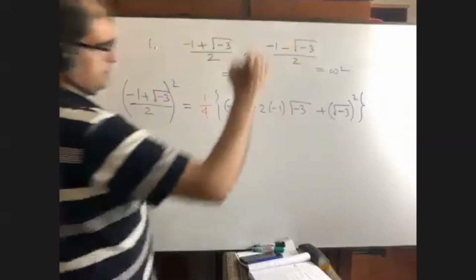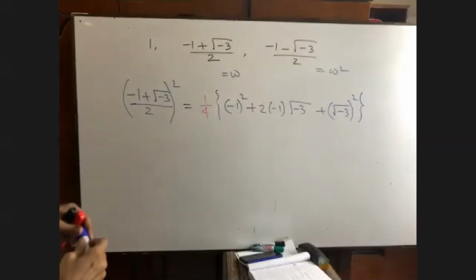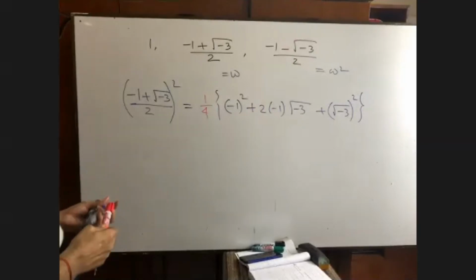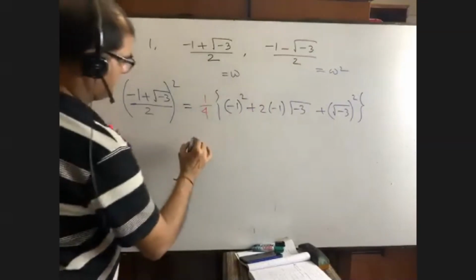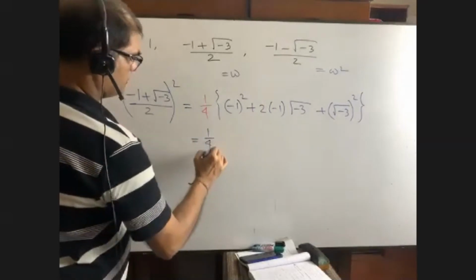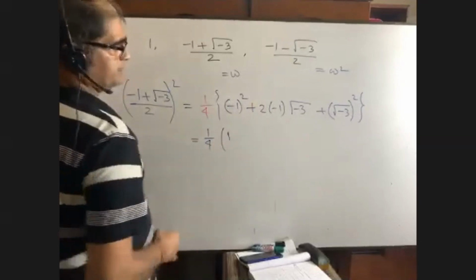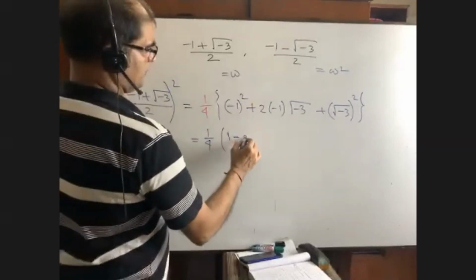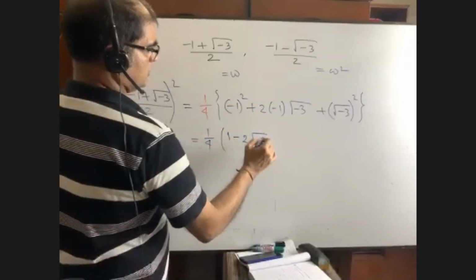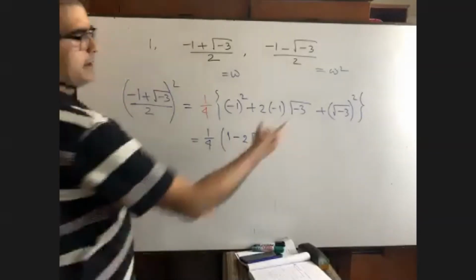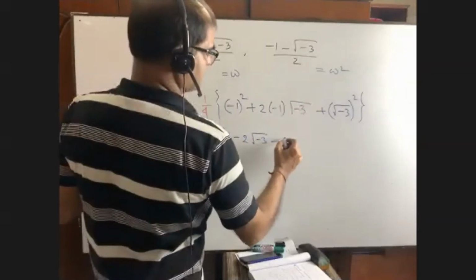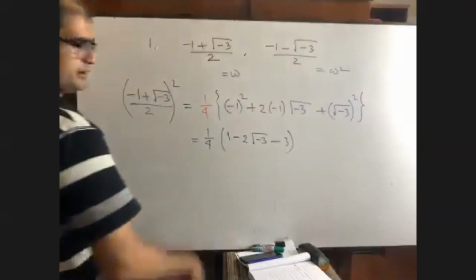Then it becomes 1 by 4. Please tell me, it is 1. It is minus 2. It is what? As you told me, minus 3 for the previous math.